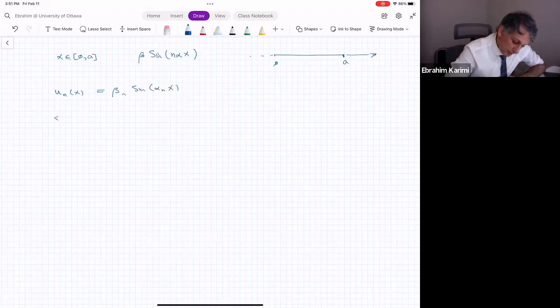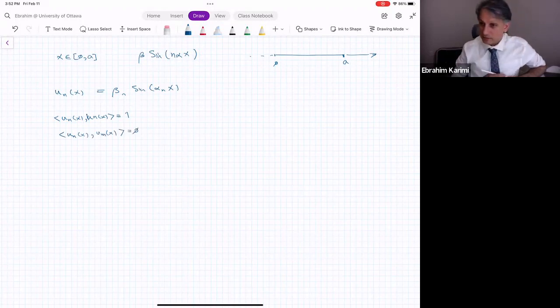And the property is that u_n of x with u_n of x should be equal to 1, and u_n of x with u_m of x should be equal to 0. Let's see if we can build that.